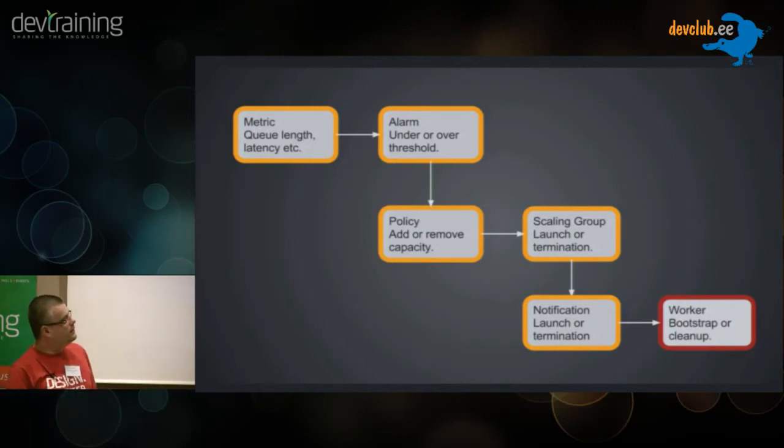And then there's the notification chain that tells you that the instances are there and you should do something with those, or the instances are taken away and you need to remove them from monitoring, or if you have, I don't know, some records in the Chef server, for example, all of this can be done at that point. You can remove those instances and your system will be in a clean state.